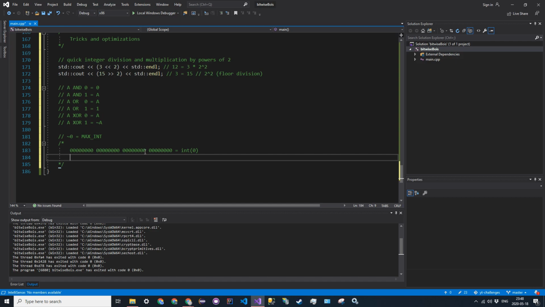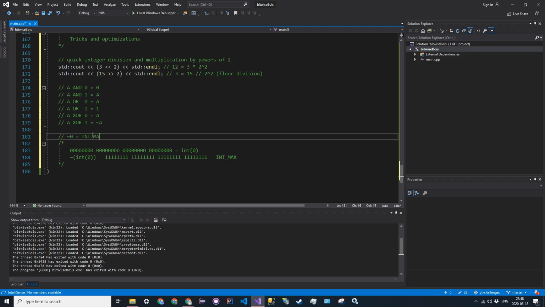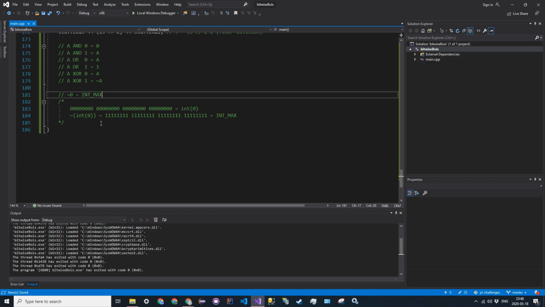If we took the complement of that, we're going to get all of this, but just replace it once, like that, and that's just equal to int max. That really gets them all the time. Just amazing. Like, you don't even got to include limits.h. You can just say, oh, give me the bitwise complement of 0.